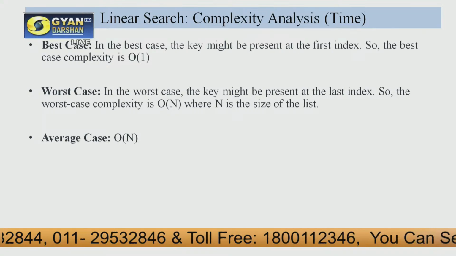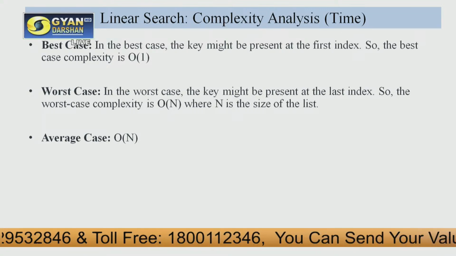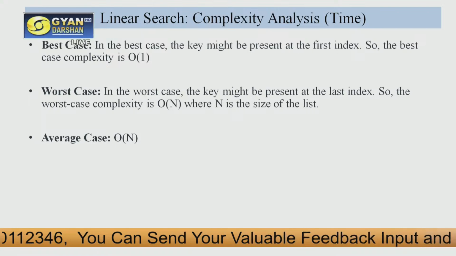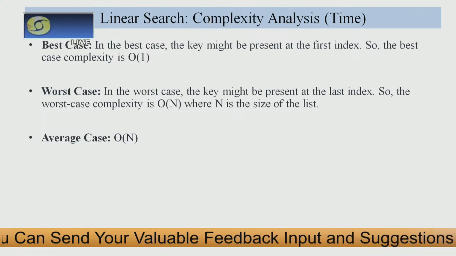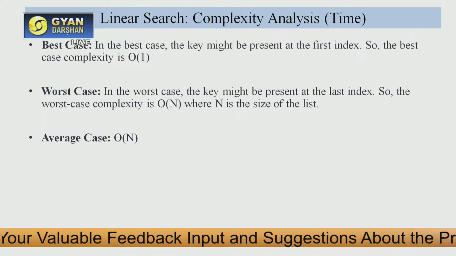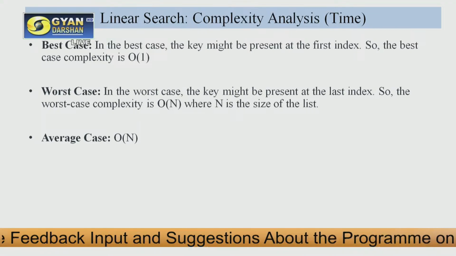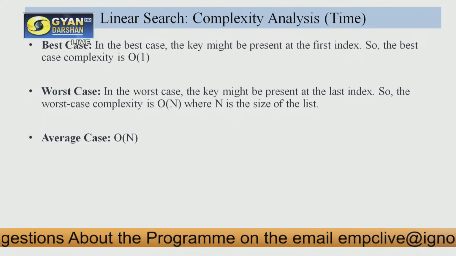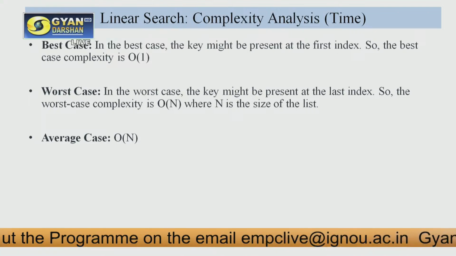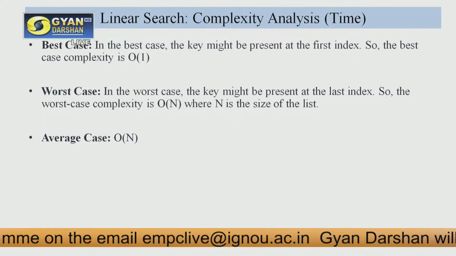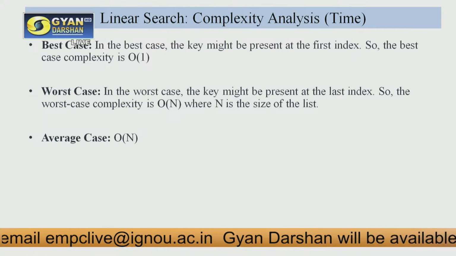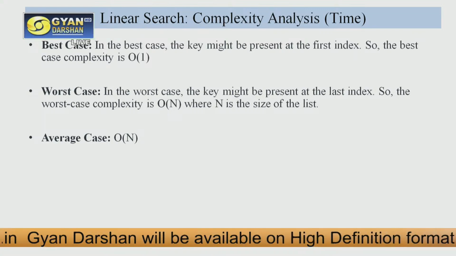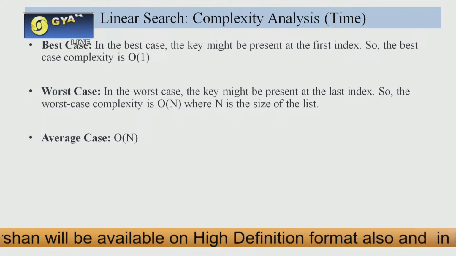And the worst case is when we complete the searching through the entire list and come to know that the element to be searched is present at the last location. In that case it gives us the worst case time complexity, which is represented by order of n, where n is the number of elements.